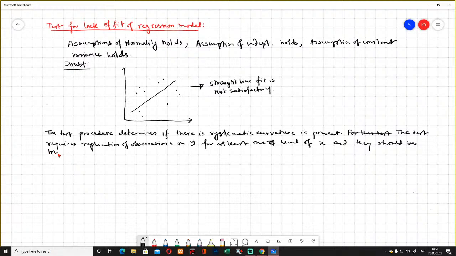So I mean to say, for given X, suppose X1, you need to take more than one observation. That means for x1, you need n1 observations.